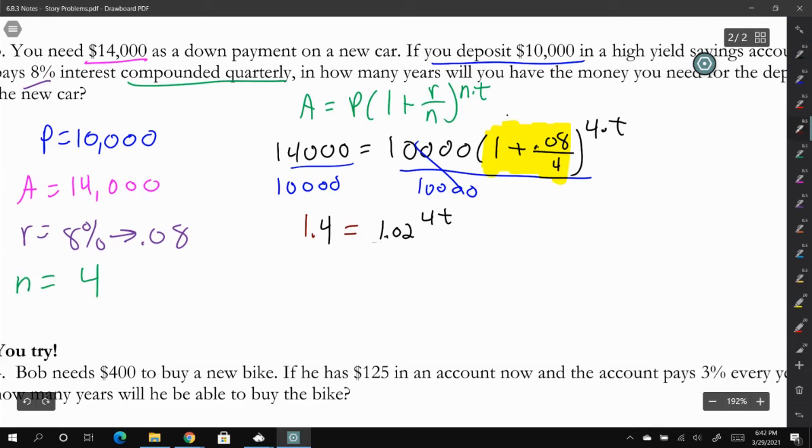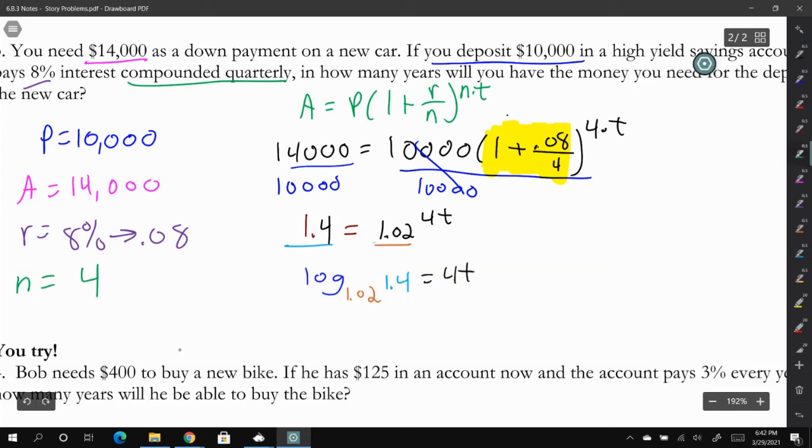Now that I have my base by itself, I can change this to a log. Log with a base of 1.02 of 1.4 equals 4t.